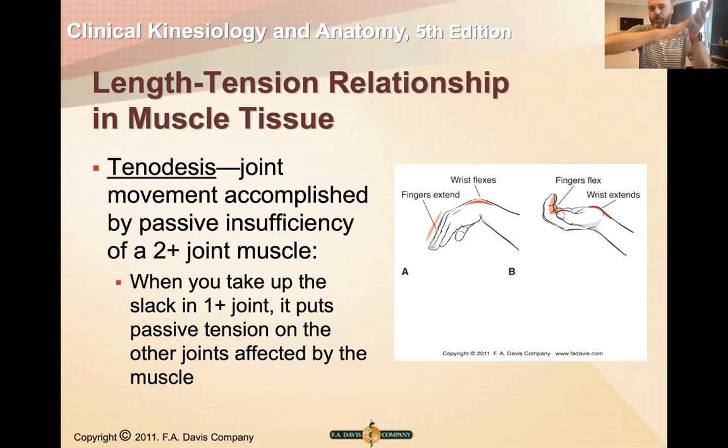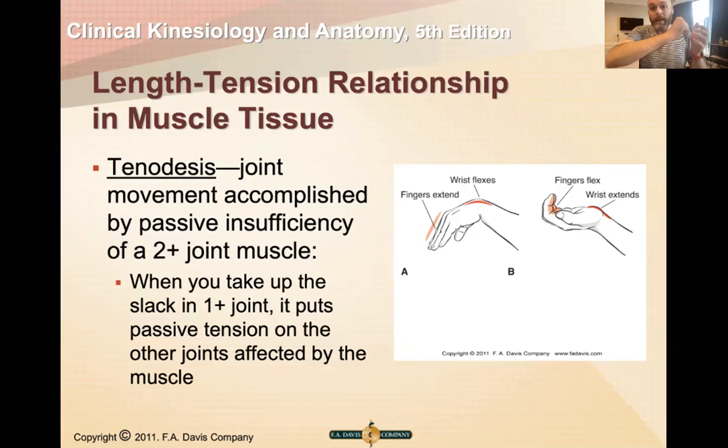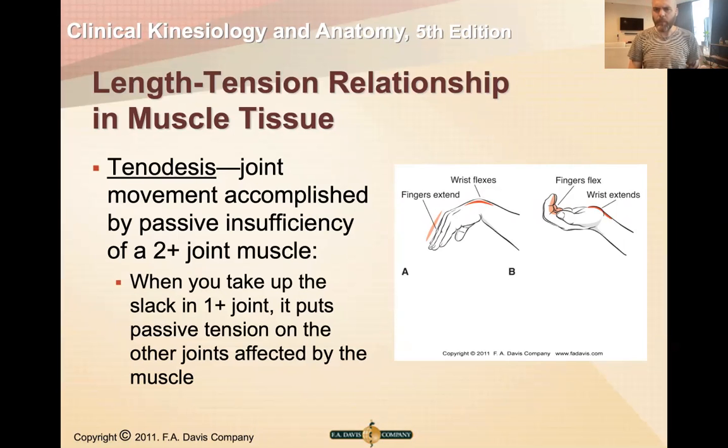And then if you try to further extend the fingers, then you'll really feel a passive insufficiency stretch. So that's why in the spinal cord world, some people we do want to stretch out their fingers so they don't get stuck like this, but most of them, we want to teach them to use that trick. But those are about the only people we teach that tenodesis trick to. That's just with spinal cord patients, because most of the neuro patients, we want to teach them to do it the right way.